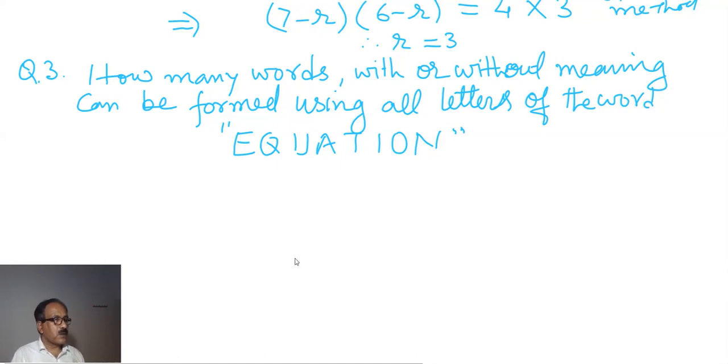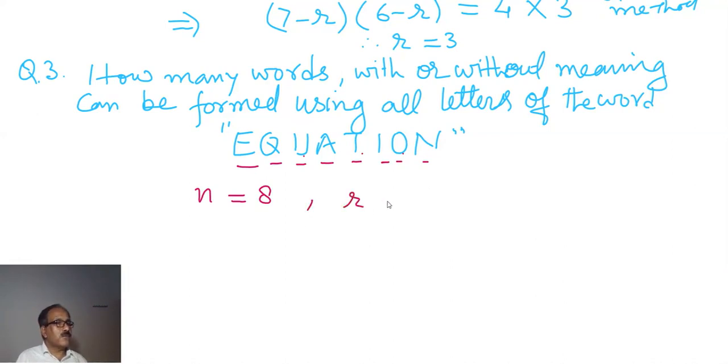See, count the number of letters here. 1, 2, 3, 4, 5, 6, 7, 8. It means n is 8. And you have to take all the letters to making the words. So r will also equal to 8. So number of words will equal to nPr.